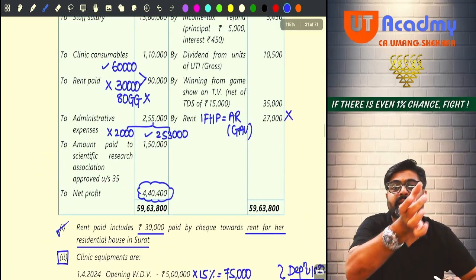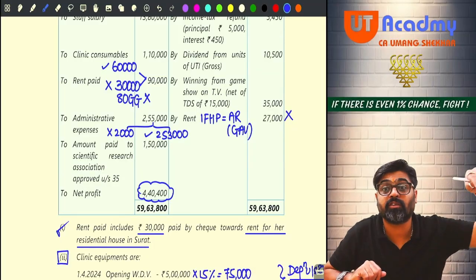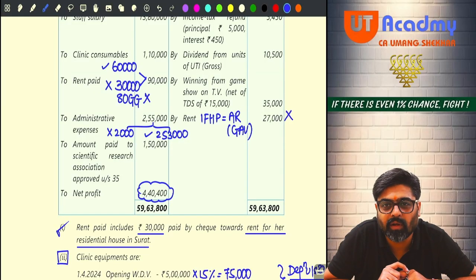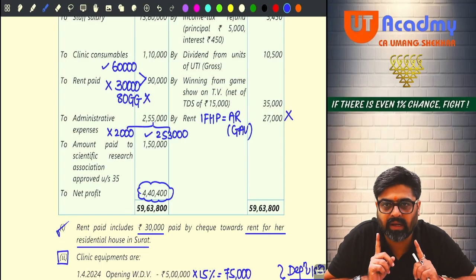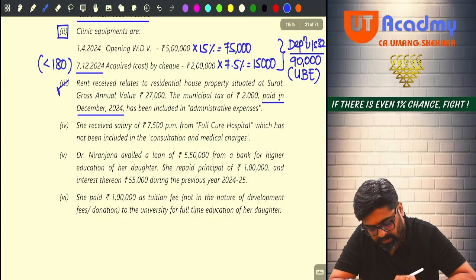But when you bring it under the head house property to be reduced out of your GAV, it will not be allowed because it is payable. It is not actually paid. And municipal taxes are allowed only on payment basis under the head house property. Do you remember? These kind of things we have already done under the head house property. So you have to be very careful while reading the question. Okay? So now, this information is done.